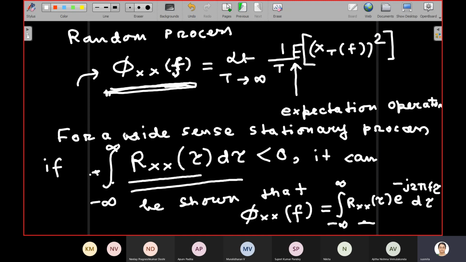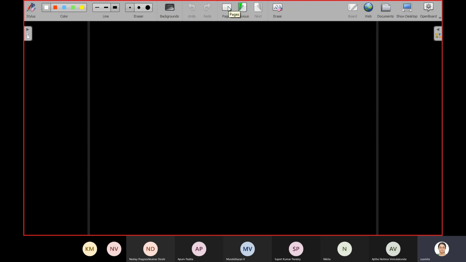Now let's try to understand with the help of an example how the power spectral density holds information about a random process. For this purpose, we are going to define a particular type of random process called white noise. You will understand why it is called white.